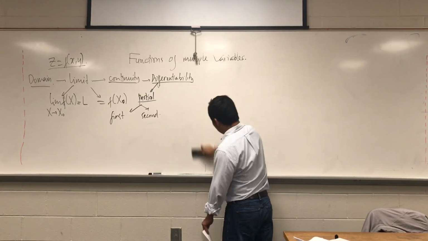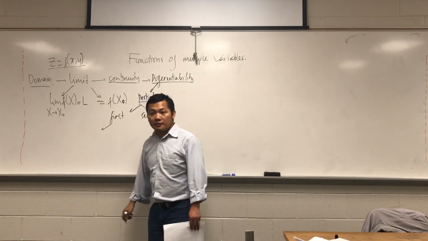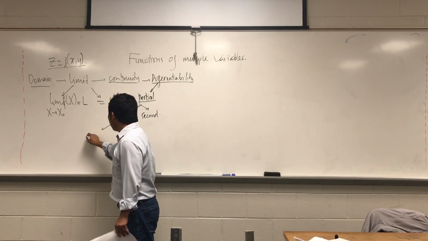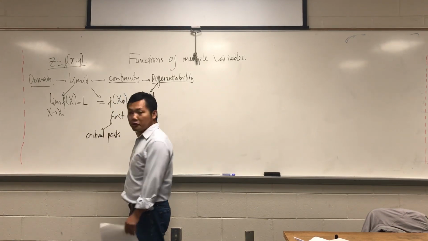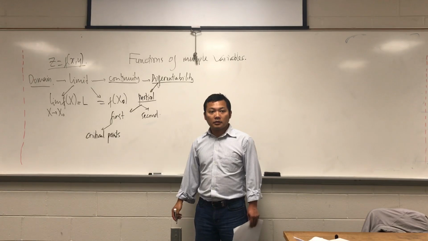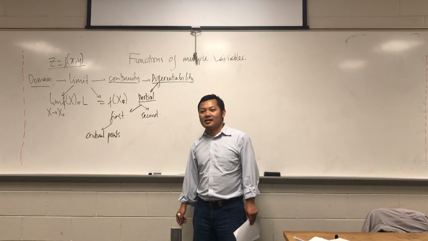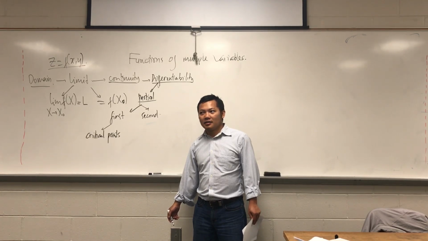We use the first derivative to find critical points, like in calculus 1. What are critical points? Critical points are where the partial derivatives are 0 or don't exist.